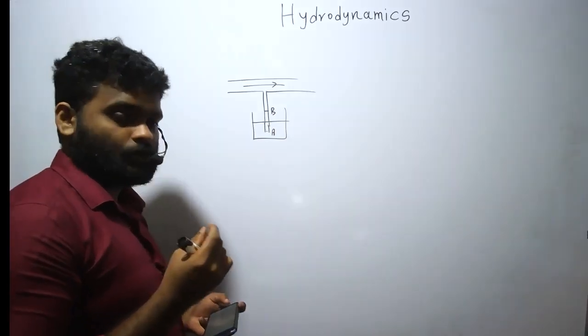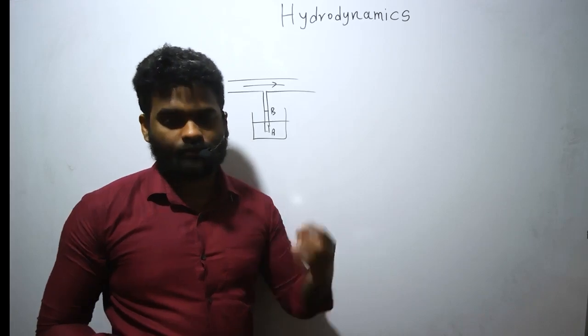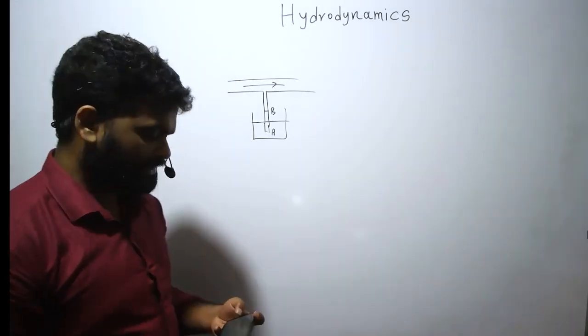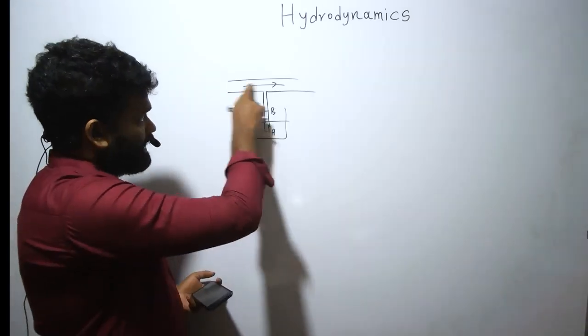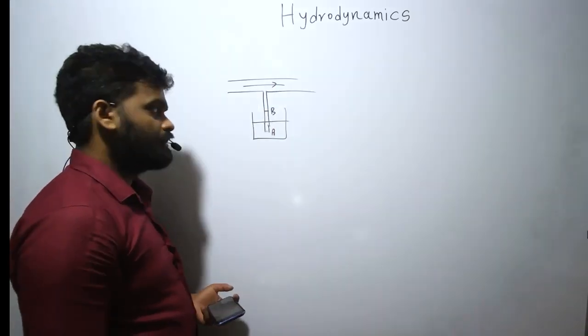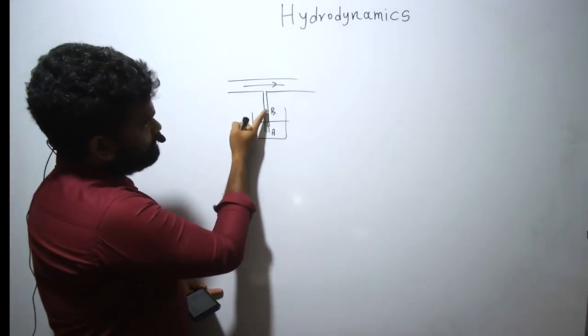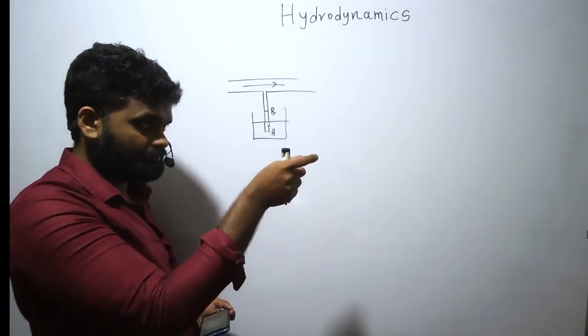So what they ask is what happens there, right? But they could give you a question based on this as well. But here they just ask what happens. So when air blows here, what happens is this liquid column rises to the top, right? So this is the application.